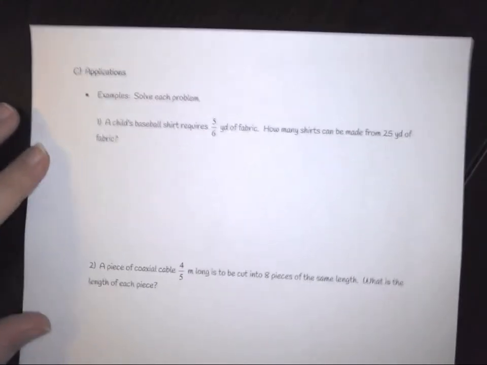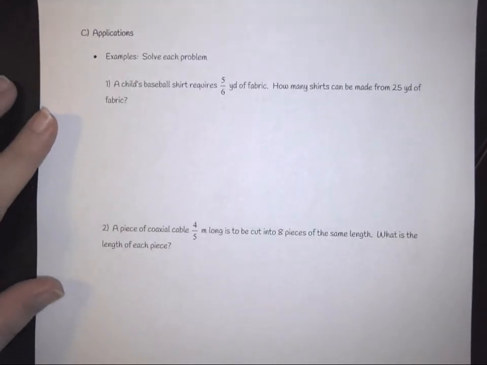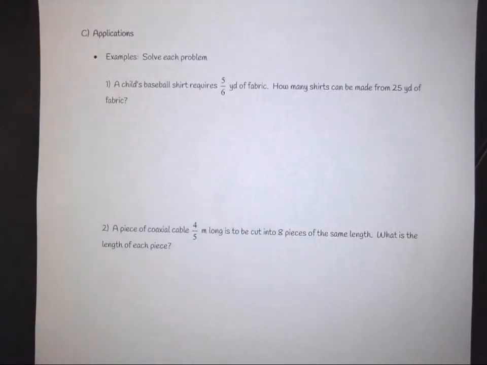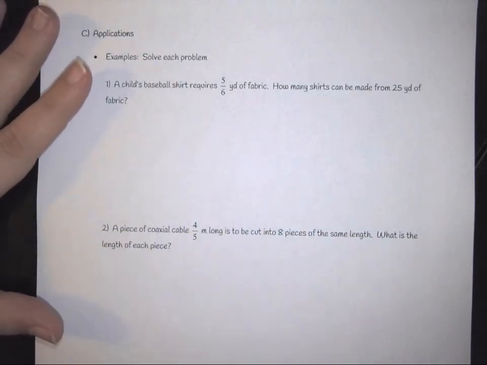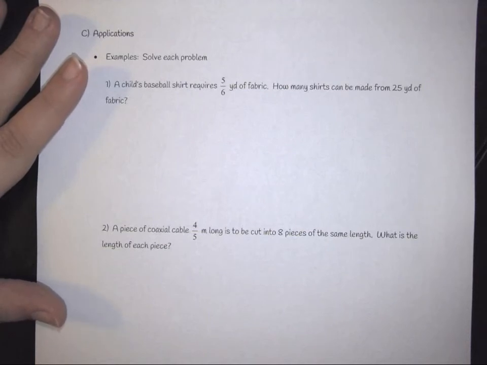So here are just a couple applications. And so again, when you're dealing with the applications, you have to be able to read the problem and find out how to identify that we're dealing with division. And so here we have that a child's baseball skirt requires 5/6 yards of fabric.